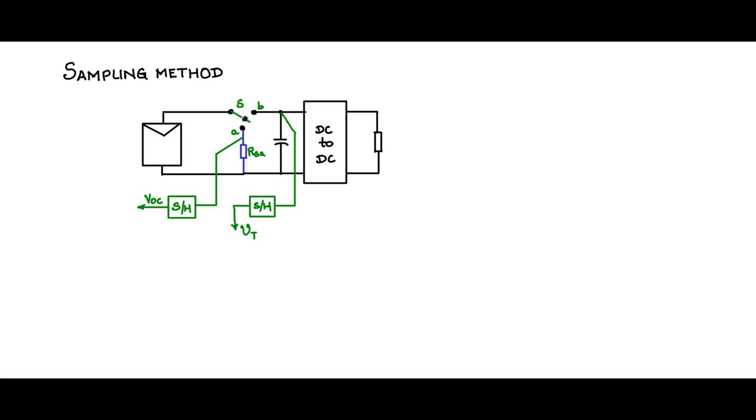Now, when will this switch be connected to A and when will it be connected to B, and for how long? Let us draw a time axis T and I will mark a tick, and let me place a rectangular pulse, and during this pulse this switch will be enabled and connected to A. So during this time, the sample and hold circuit for VOC is enabled and effective.